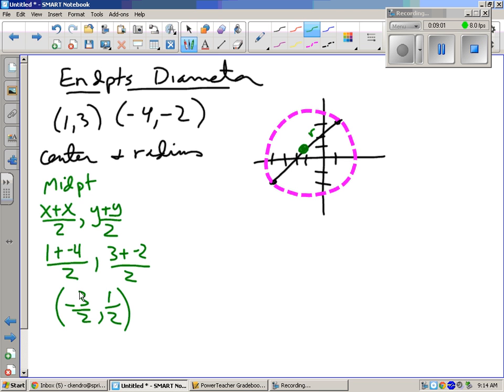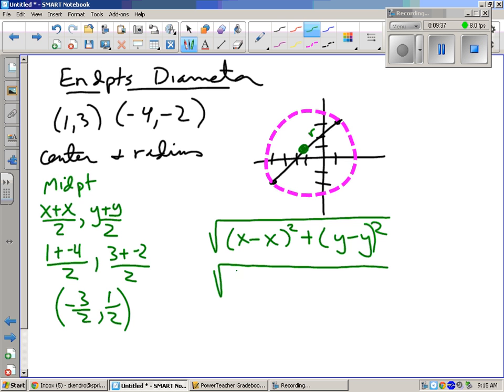It's half of it. So I need to find the distance of the diameter. So let's go ahead and try this. I have the distance formula, first of all, is x minus x squared plus y minus y squared. Okay, so that's our formula that we're going to work with. Now let's put in our values.